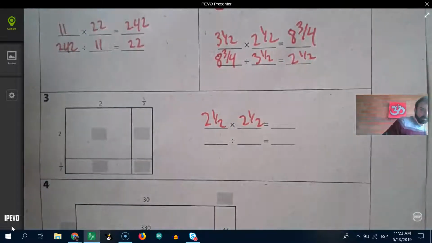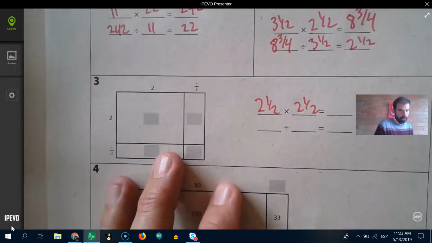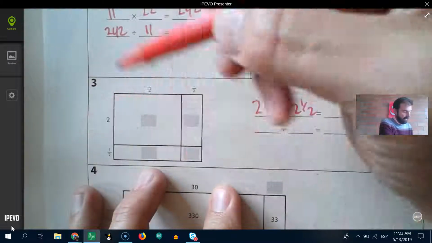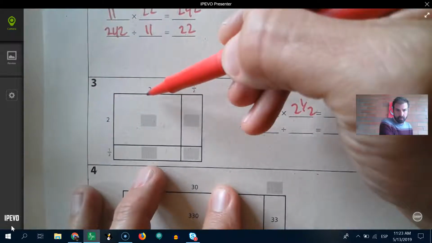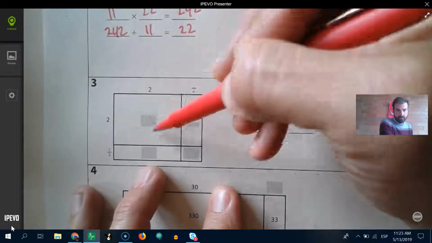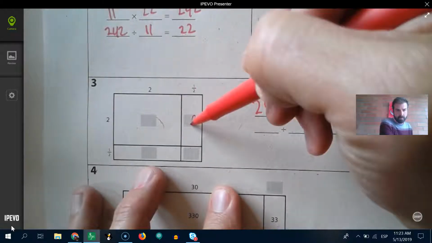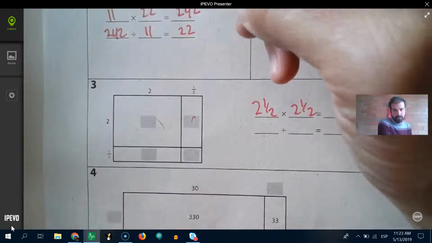All right, so we're going to find out what 2.5 times 2.5 is using the array model. Again, I've broken that up to 2.5 times 2.5. You have to understand the geometry of this, and that we can use these sides, 2 and 2, to find out the area here. Here it's going to be 1/2 and 2 to find the area. Here is 2 and 1/2, and this one is 1/2 by 1/2, or half of a half.